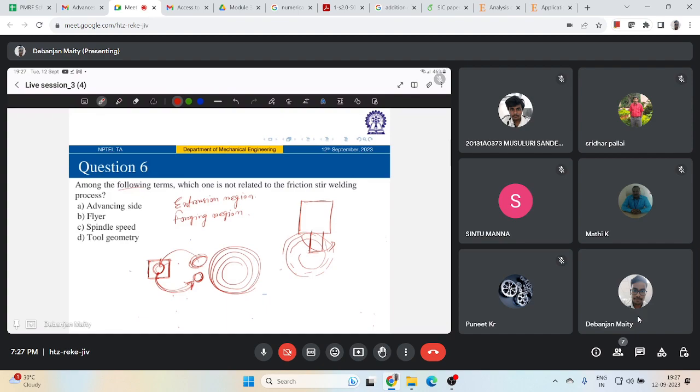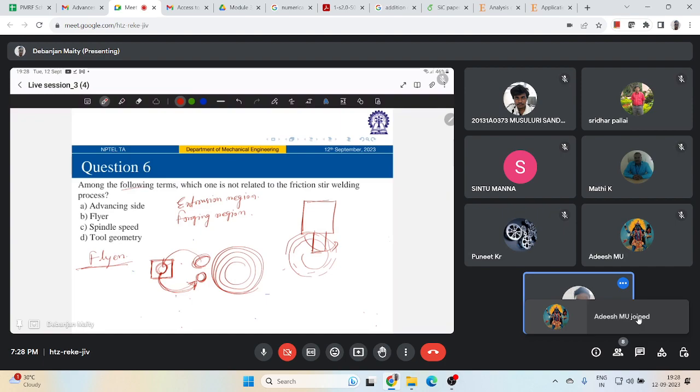Okay. So which one is not related to the friction stir welding process? Flyer. So flyer is related to which process? Sir, thermite welding.